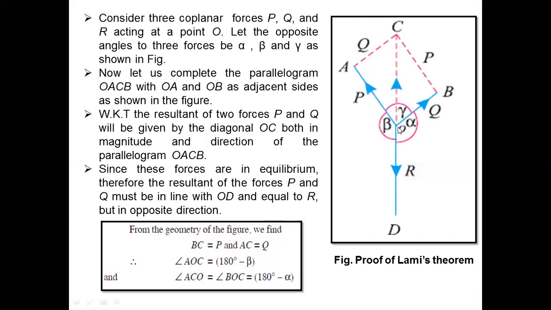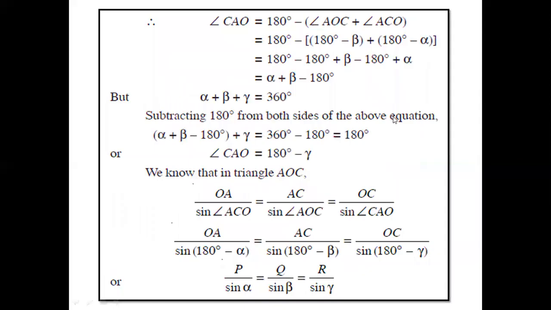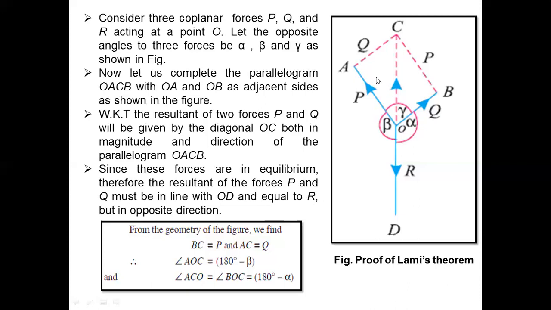Now I want to know the angle made by OAC, or CAO. To know the angle made by CAO, the total internal angle of a triangle is 180 degrees.